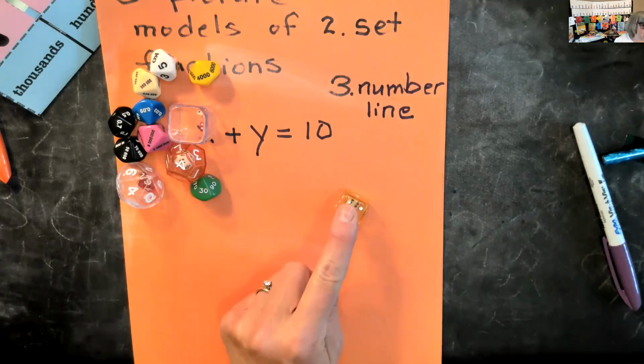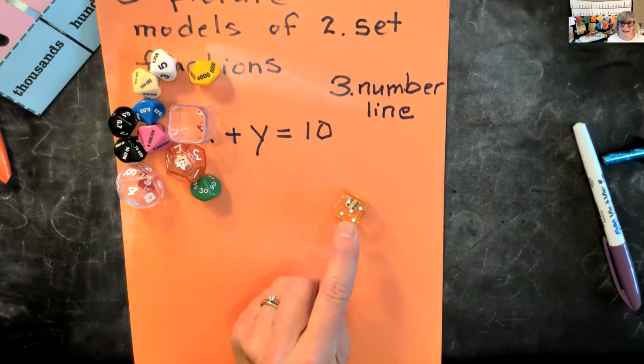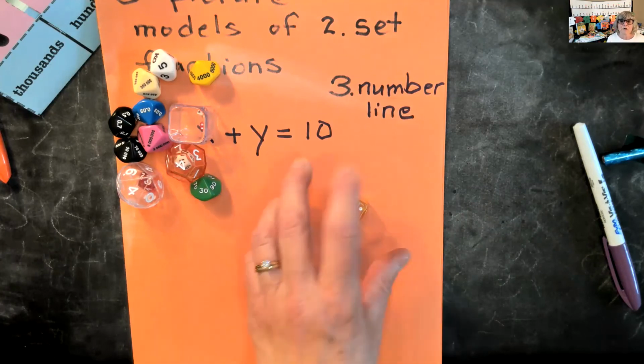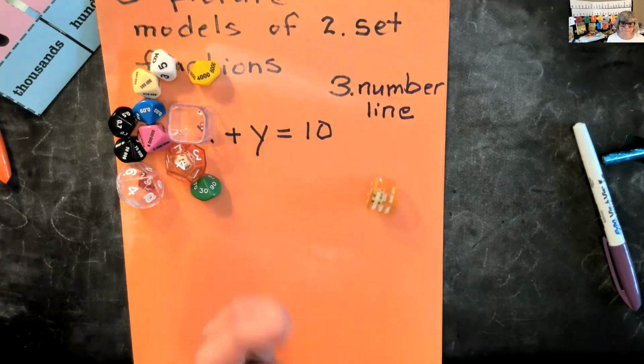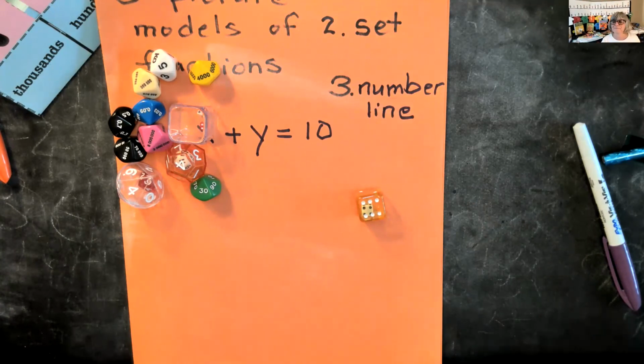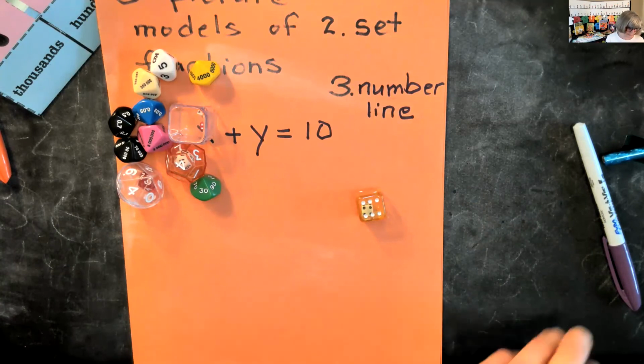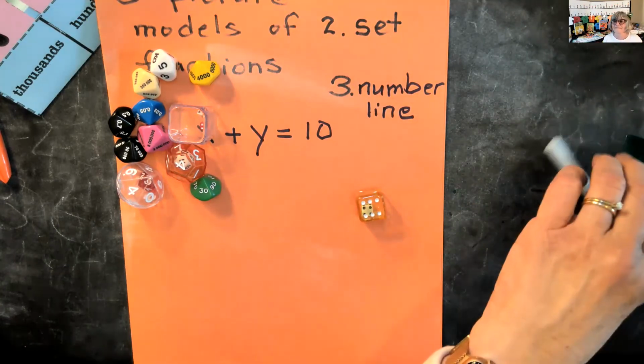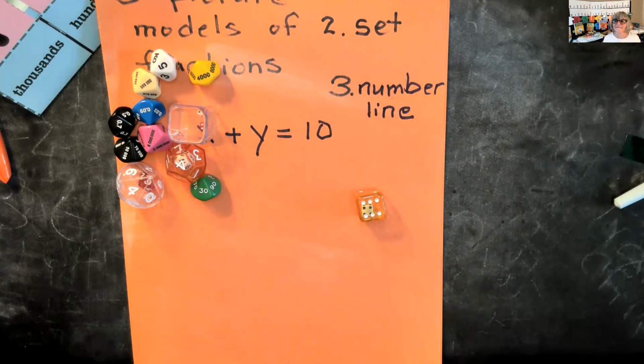Now, the dots on dominoes and dice are called pips, P-I-P-S. That's their math name. Go ahead and roll them. And John, just unmute and tell us how many pips you rolled. I rolled 6.